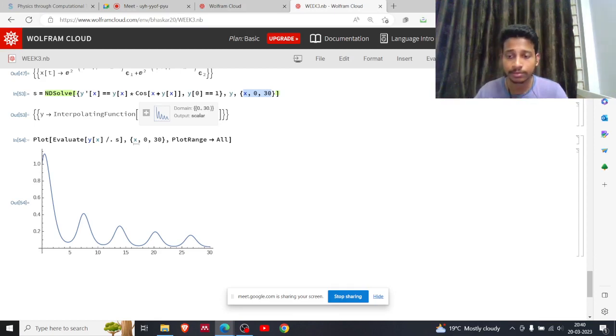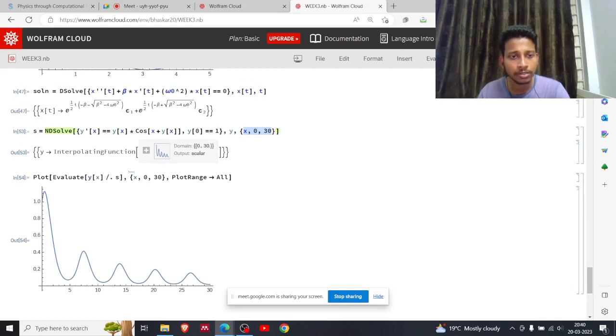Sir, is there any method, like here we are getting a plot of this given differential equation? Can we have a kind of table of different values, as the values increase, how the differential equation gives its different values? You are talking about y as a dependent variable or independent variable?